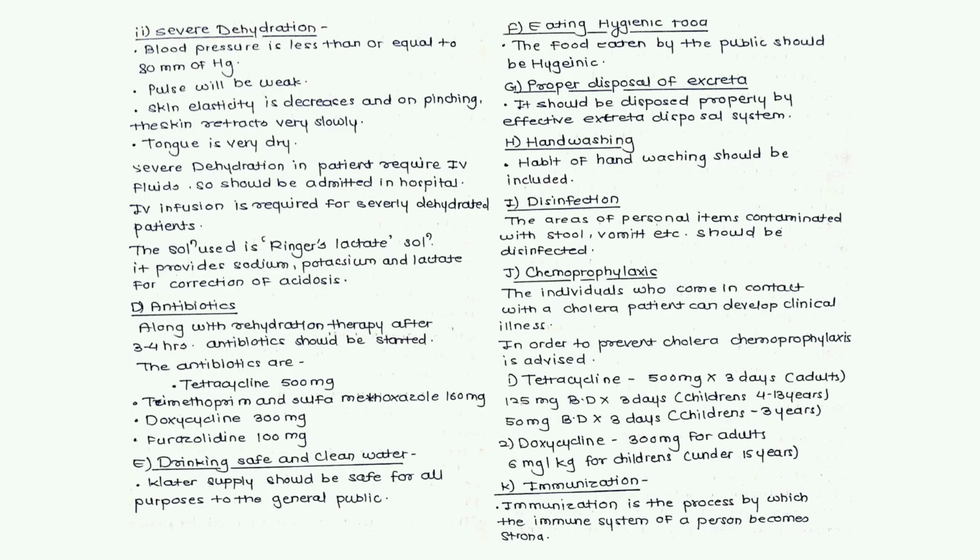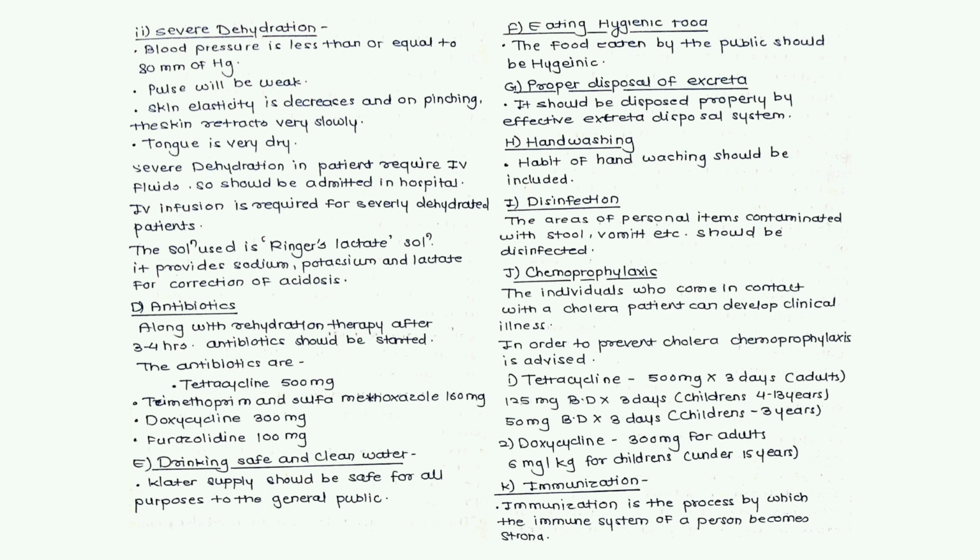Antibiotic treatment. Antibiotics can help shorten the duration of the illness and reduce the severity of symptoms. Commonly used antibiotics include doxycycline, azithromycin, and ciprofloxacin. Nutritional support. Cholera can cause malnutrition due to the loss of fluids and electrolytes. Nutritional support, such as vitamin and mineral supplements, may be necessary to help restore the body's balance.